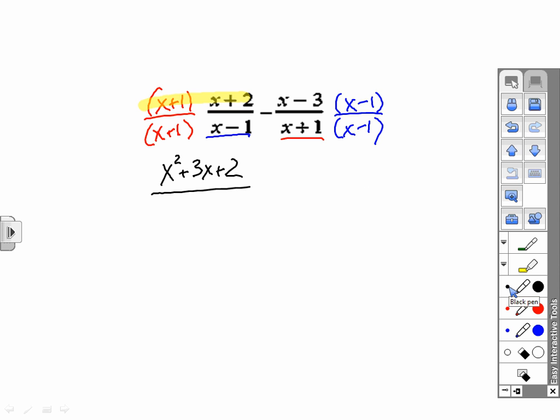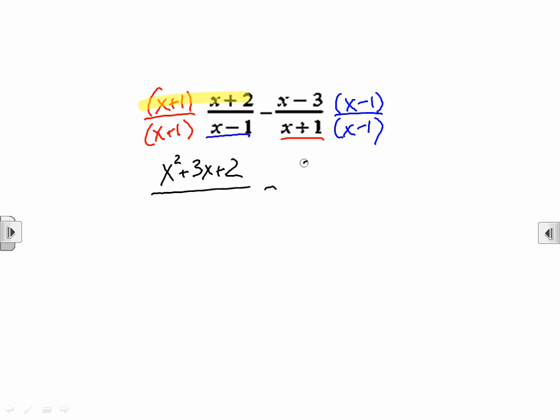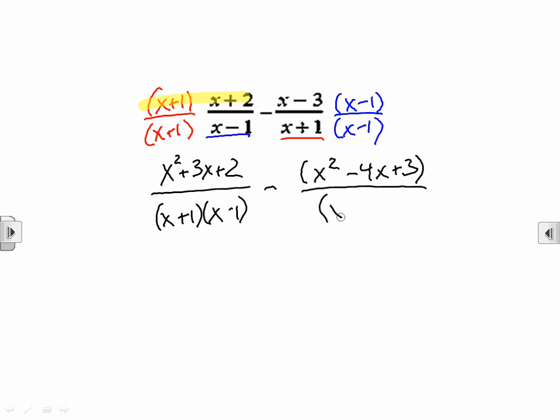And then if I simplify my right fraction using FOIL or the box, I should get x squared minus 4x plus 3. And now these are over the same thing, and I'm going to leave them factored right here. So we want to multiply out the top, but leave the denominator factored.